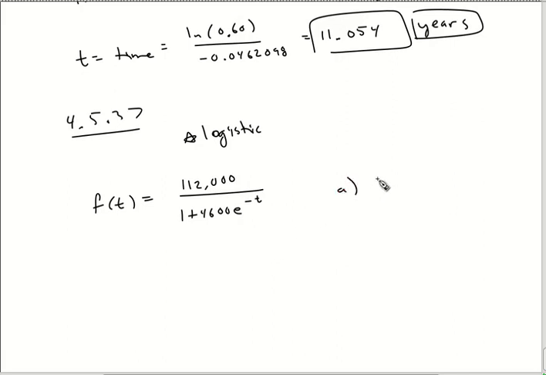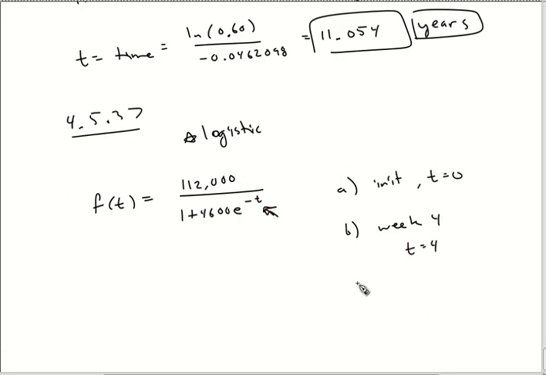So part A, it says something about the initial population. I'm not going to give you the details, but you're just going to plug in 0, plug it in and get a number. Part B says, what's going on in week 4? So guess what's going to happen? T equals 4. You're going to plug it in.